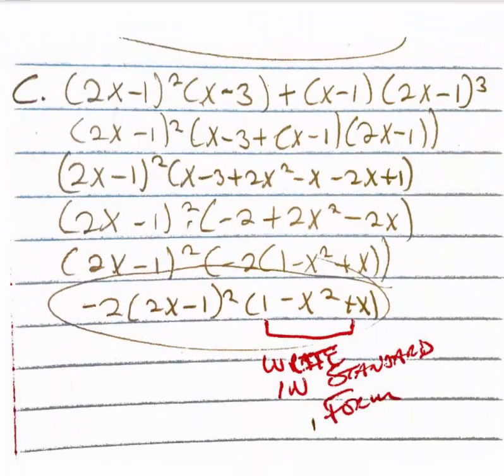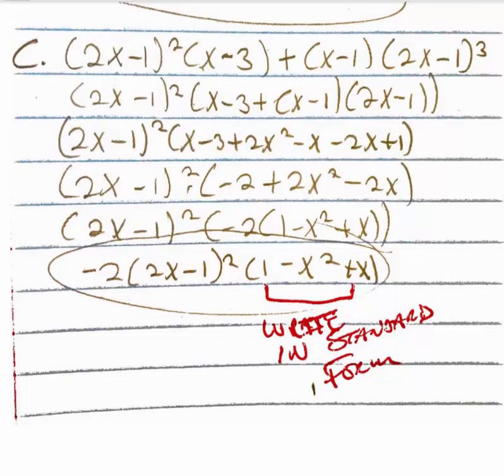Now, this is an issue that came up for some students on this line. They did not correctly write the last line in standard form. Be careful when you do that, because on this line that I'm going to highlight in green, you want to look at the leading coefficient of your highest degree term, which in this case is 2x squared. You want that 2x squared term to remain positive. So instead of factoring out a negative 2, you would want to factor out a positive 2, which changes this slightly.